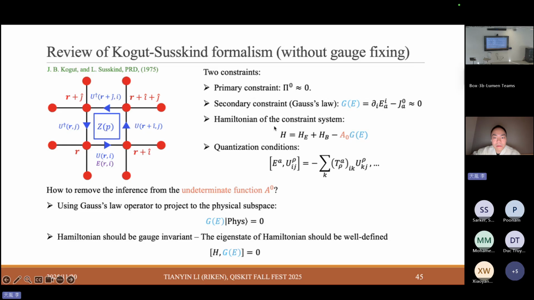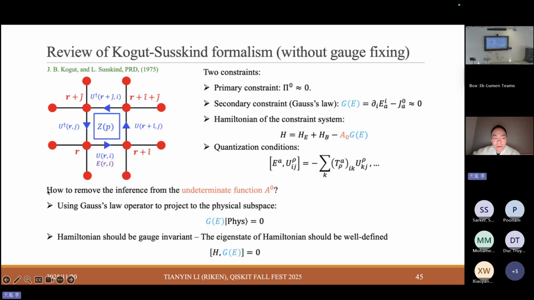And then the Hamiltonian of this constrained system can be represented by adding up the energy of the electric field and the energy of the magnetic field, and minus the undetermined A0 multiplied by the Gauss's law operator. And here are the quantization conditions in the Kogut-Susskind formalism.